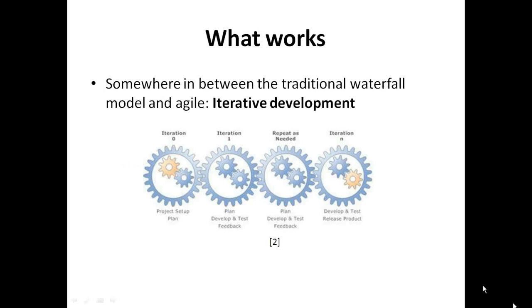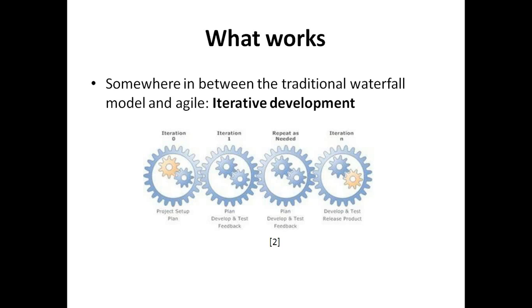So coming back to our question on which model we should use in such a place, the answer is something called iterative development. Now, this is nothing new. This is something all of us are familiar with. It's a kind of marriage between the traditional waterfall model and the agile model, wherein you have a product design that goes in as an input.